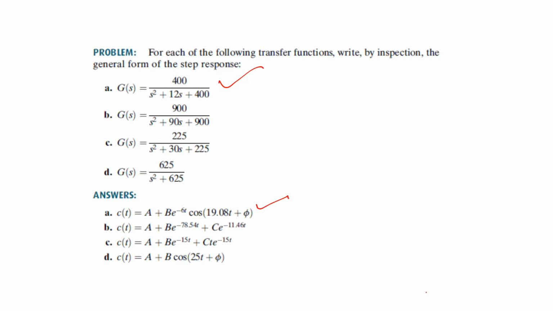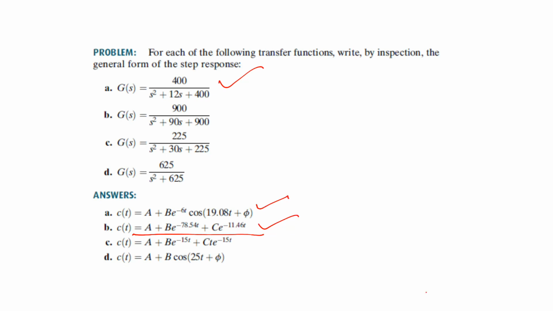Now let us take the second case. In the second case, we will have two real poles, so its response would be written like that, and it is the underdamped case.